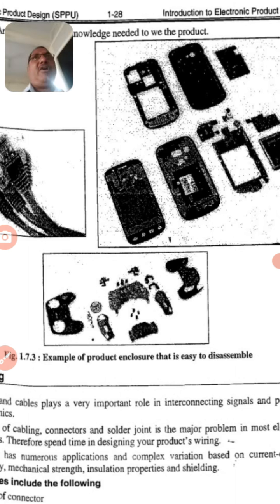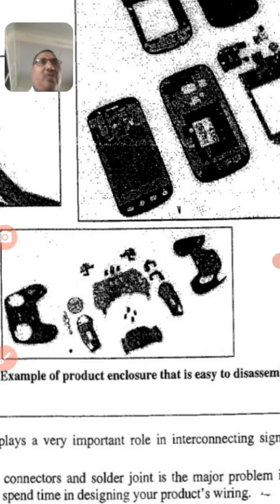So design for manufacturing and assembly has two different parameters. Design for manufacturing means, while manufacturing individual components, how our design should be, and the same should be utilized in an assembly section, so that the assembly section person should know how to assemble it.